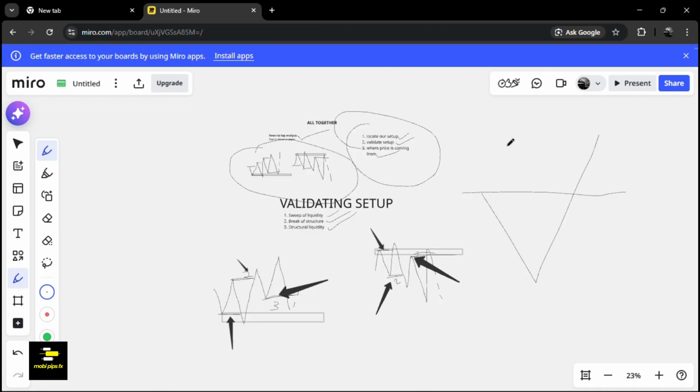We said that when price is at our premium zone, that is where we look for sells into our discount zone to be able to buy, right? And we said when price is at our discount zone, where we have our zone here to buy, that is where we look for our buy setup.